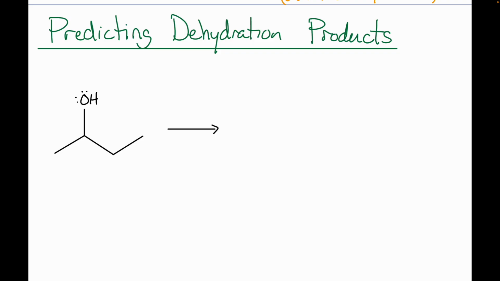So I'm going to take this alcohol, I'm going to again add that concentrated sulfuric acid and heat. But I'm not just going to get one product out of this, I'm going to get multiple products.